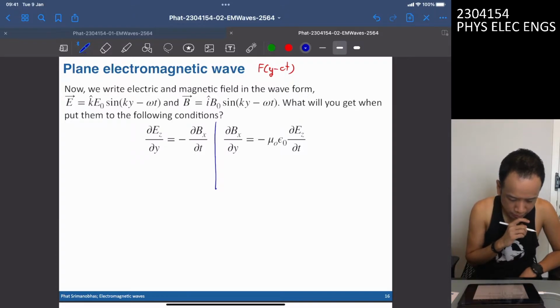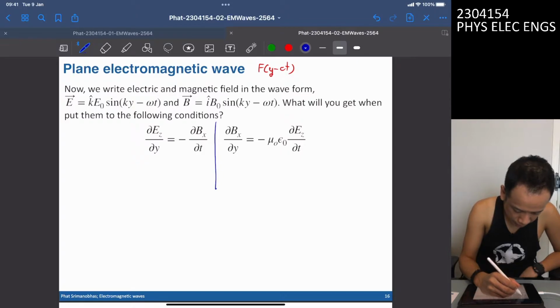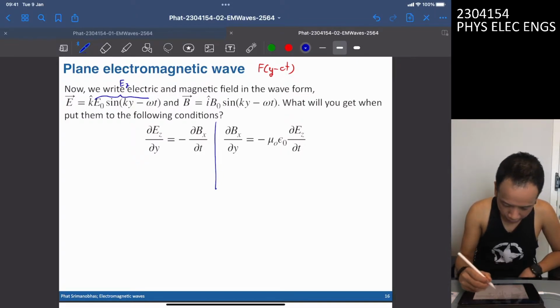So we do the derivative. Just to mention, now we are talking about the scalar components, not E as a vector. So Ez is basically this term, and Bx is this term.